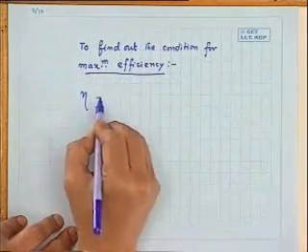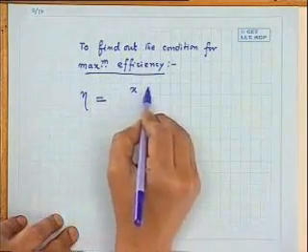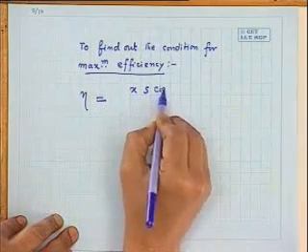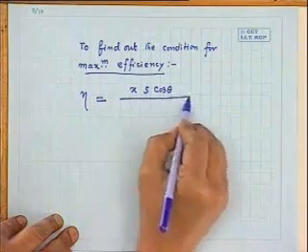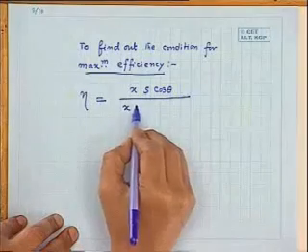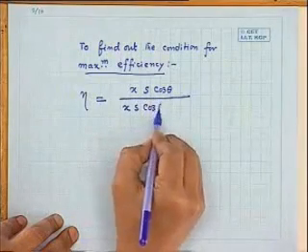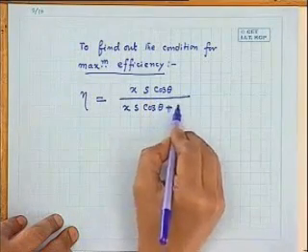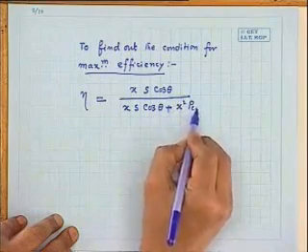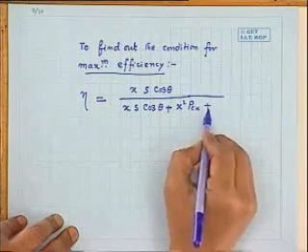That is, once again, this eta, we write it as XS cosine theta over XS cosine theta plus X square P copper plus P core.